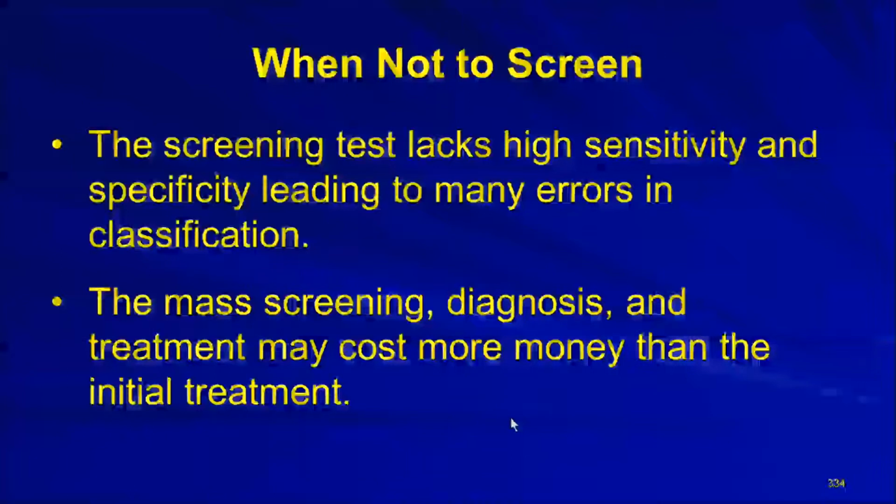So if you're going to spend millions of dollars doing a screening rather than evaluating those people who go through the medical process naturally and receive the treatment as they seemingly need it, that might be a far more effective way. So you wouldn't want to spend millions if it's not needed.